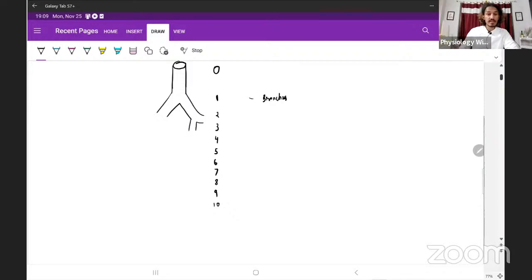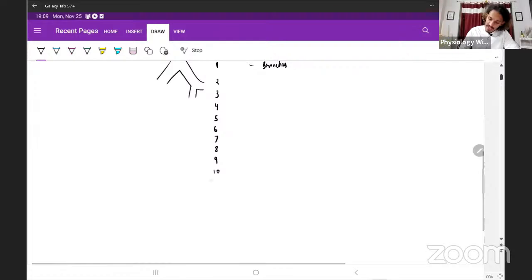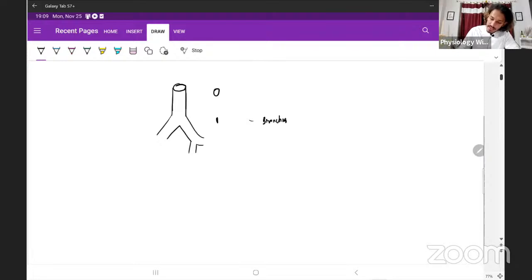Okay, so like this, multiple divisions are there. And from the 11th division onwards, it will start becoming what is called a bronchiole. So just for you to understand, I just mentioned that. So this bronchus is going to be from your 1 to the end of the 10th division.